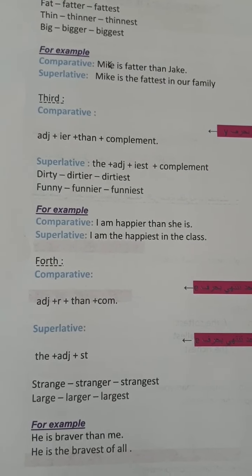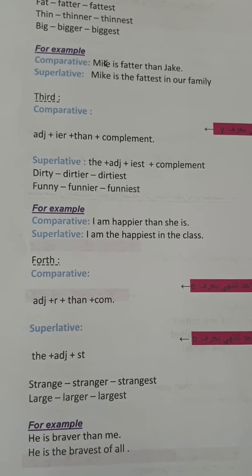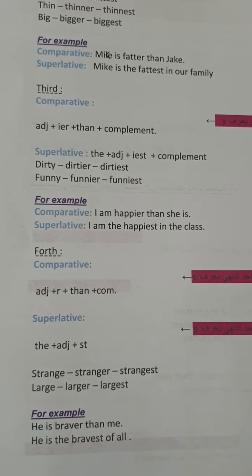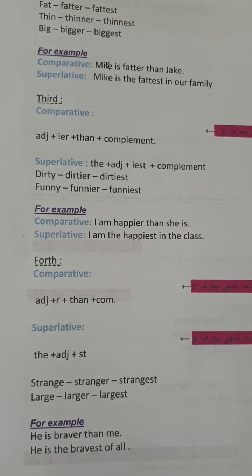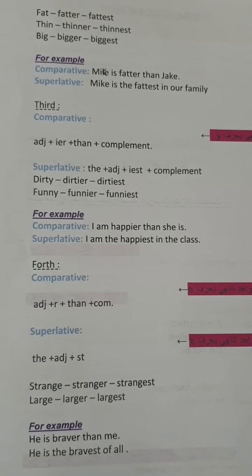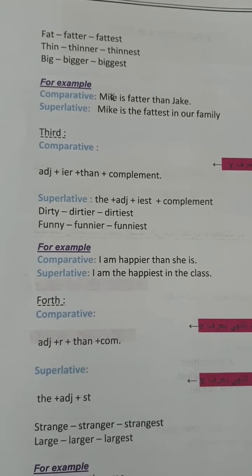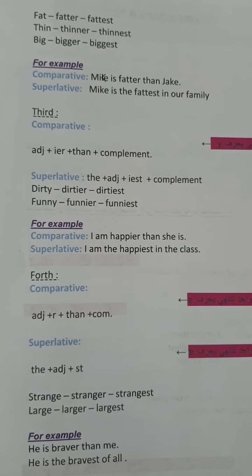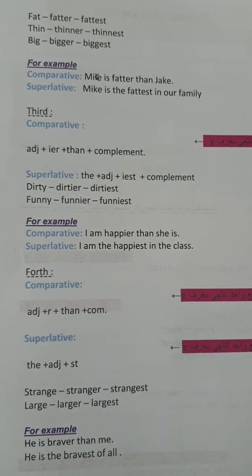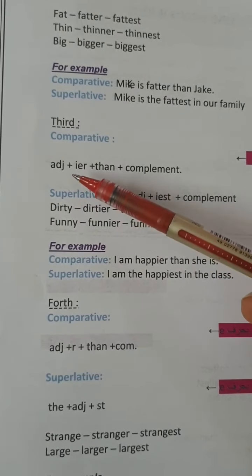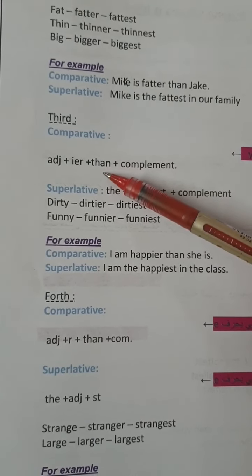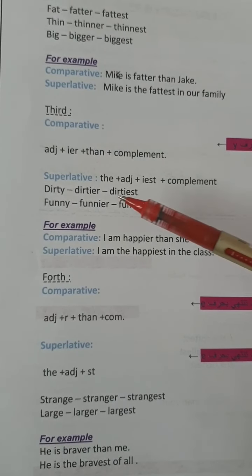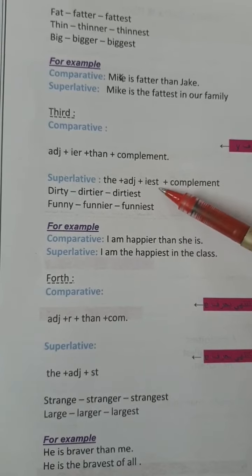The third, one syllable adjective ending in Y. So, we take out the Y and replace it with I. الحالة الثالثة إذا كانت الصفة تنتهي بحرف الواي نحذف الواي ونخلي I. So, adjective plus IER plus than, and superlative the adjective plus IEST.